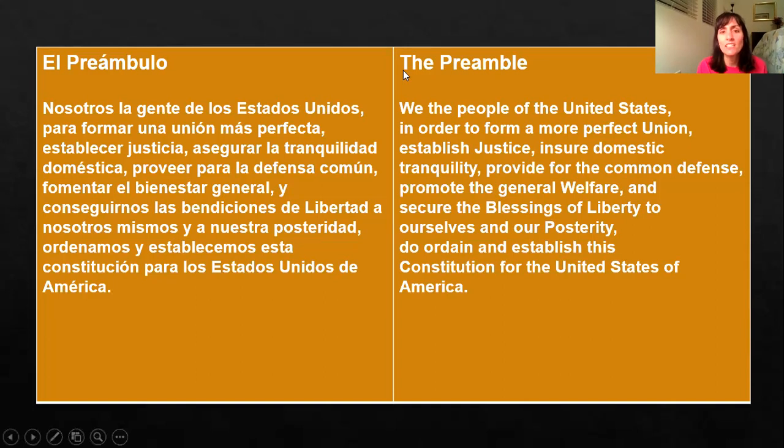All right, so in English, we, the people of the United States, would be nosotros, la gente de los Estados Unidos. In order to form a more perfect union, para formar una unión más perfecta.